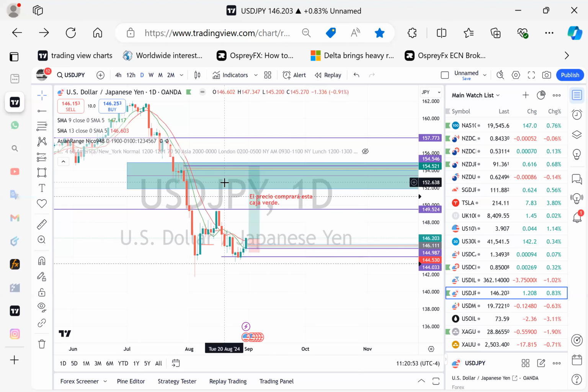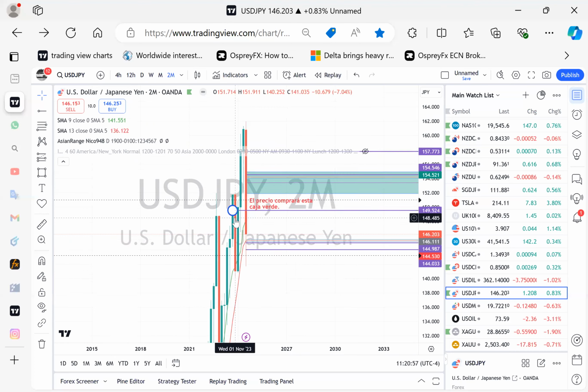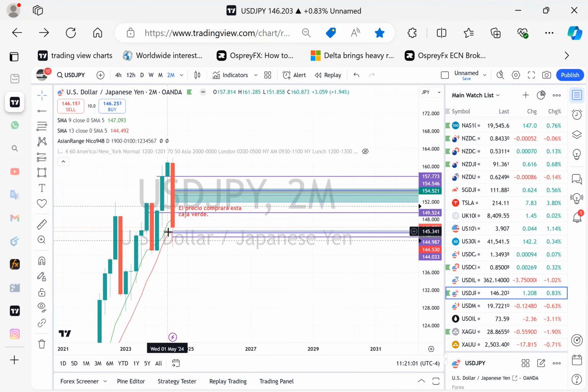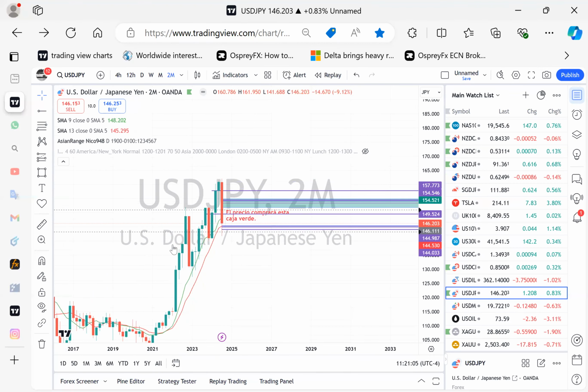So we have a 2-month candle. If you notice where this 2-month candle closed, it bounced off the moving average. So are sellers pushing this price to these moving averages? Or is a computer program keeping price bouncing from these moving averages?